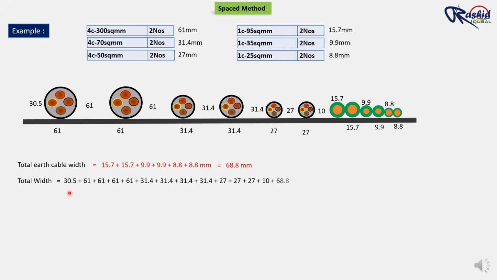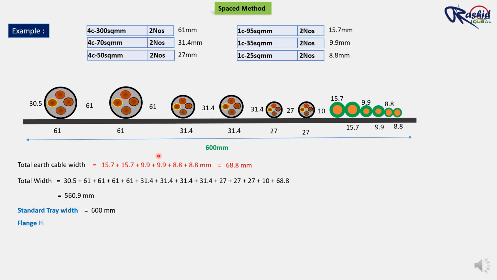So I will calculate all these values: 30.5 plus 61 plus 61, and so on, plus 68.8, this is the total earthing value we calculated above, equal to 560.9 mm. This means we require a minimum cable tray width of 560.9 mm. But this is not a standard size, so we will move to the next available standard size, which is 600 mm width.